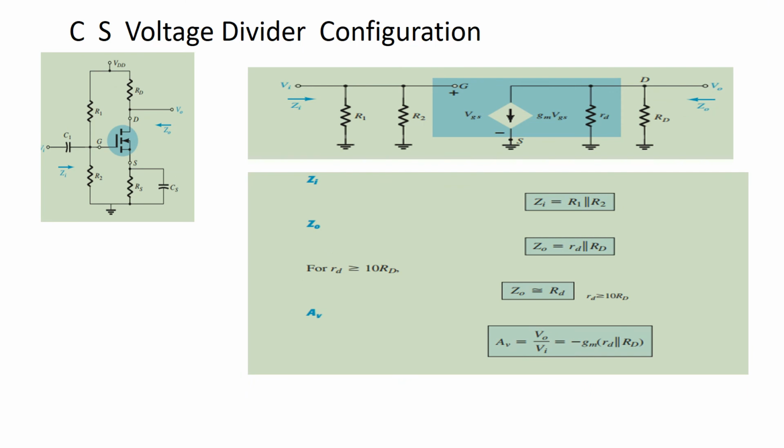Next biasing circuit is the common source voltage divider configuration. Fine. Follow the same steps as you had been doing till this stage. So first try to study the configuration that is given to you. So the configuration given over here is a voltage divider configuration because of these values of the resistances that are connected between the drain to gate and gate to source.